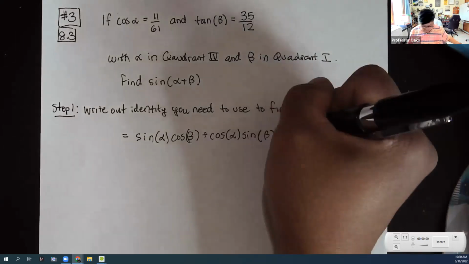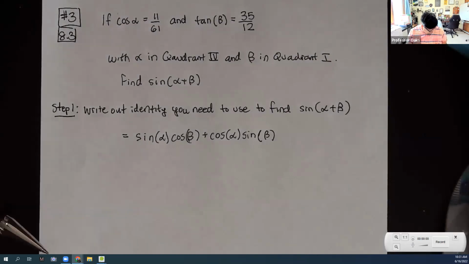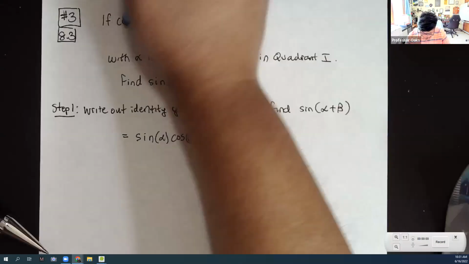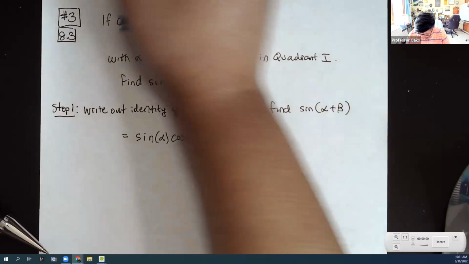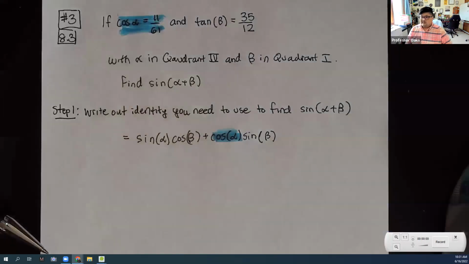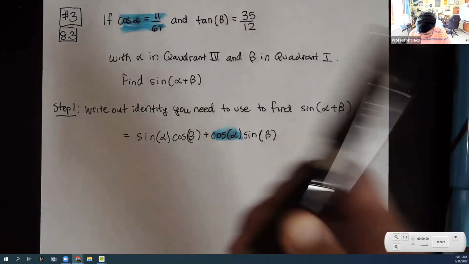Now, what I really want you to see is what part of the information they have already given you. They gave you cosine of alpha is 11 over 61. So you already know that's 11 over 61. That's actually one thing that you already know.